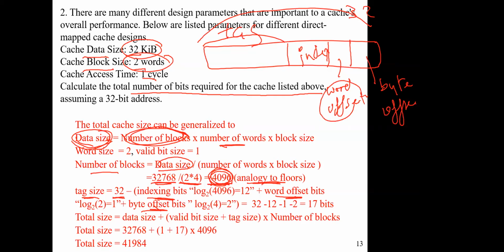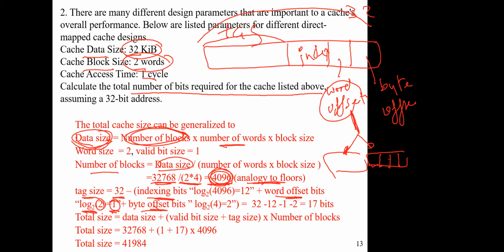Since I have 2 words in each block, how many bits do I need to say that it is here, not here? Just 1 bit, because they are 2. Log 2 to the base 2 is equal to 1. Byte offset: inside each of these, we have 1, 2, 3, 4.